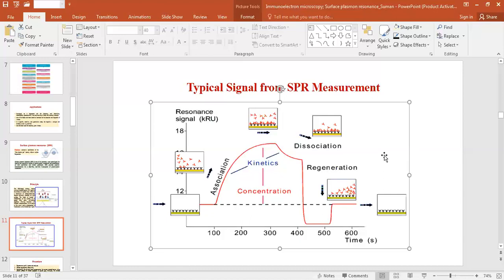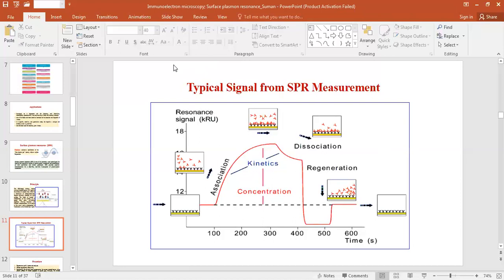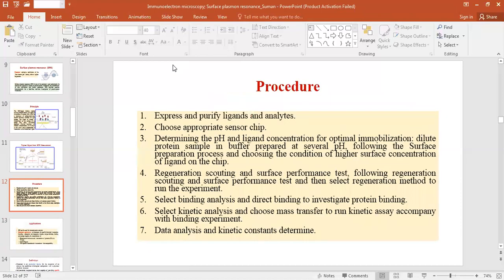To operate this experiment, there are 6 to 7 steps. In the first step, you have to express and purify the ligand and the analyte. The next step is choice of an appropriate sensor.